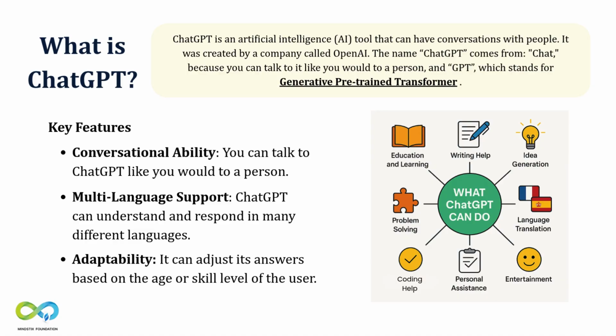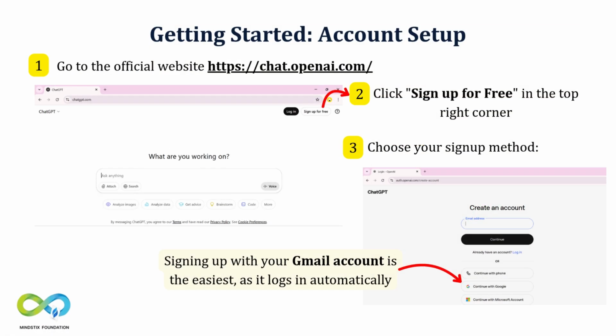ChatGPT can help you with a wide range of topics, including science, history, grammar, coding, and creative writing. It can adjust its answers based on your age or the complexity of your question, making it a useful companion for learning.